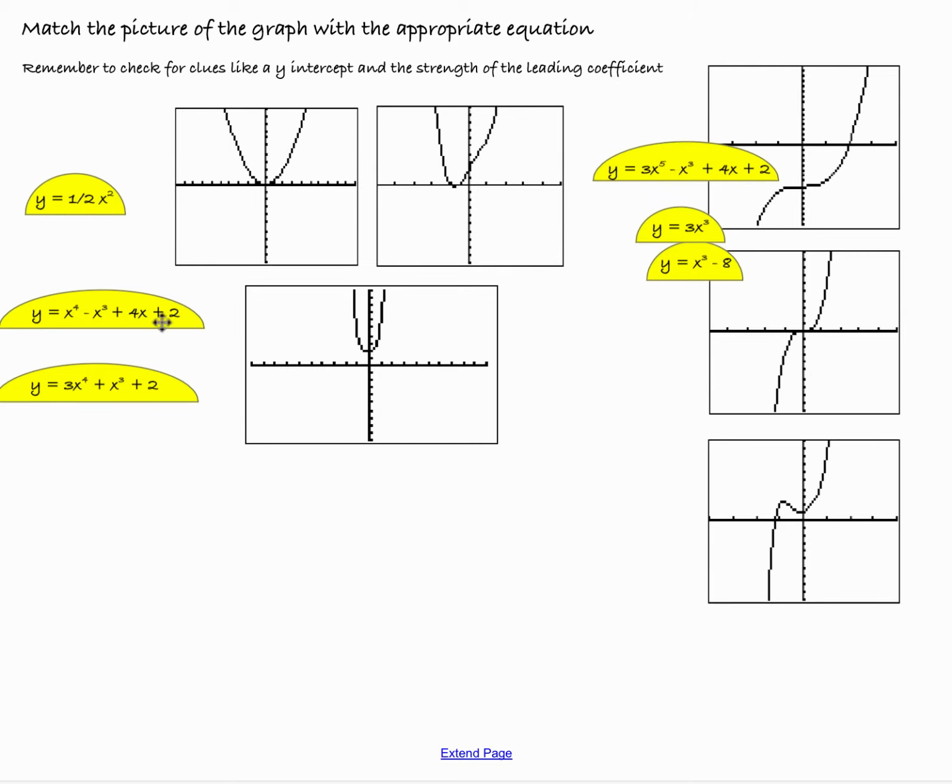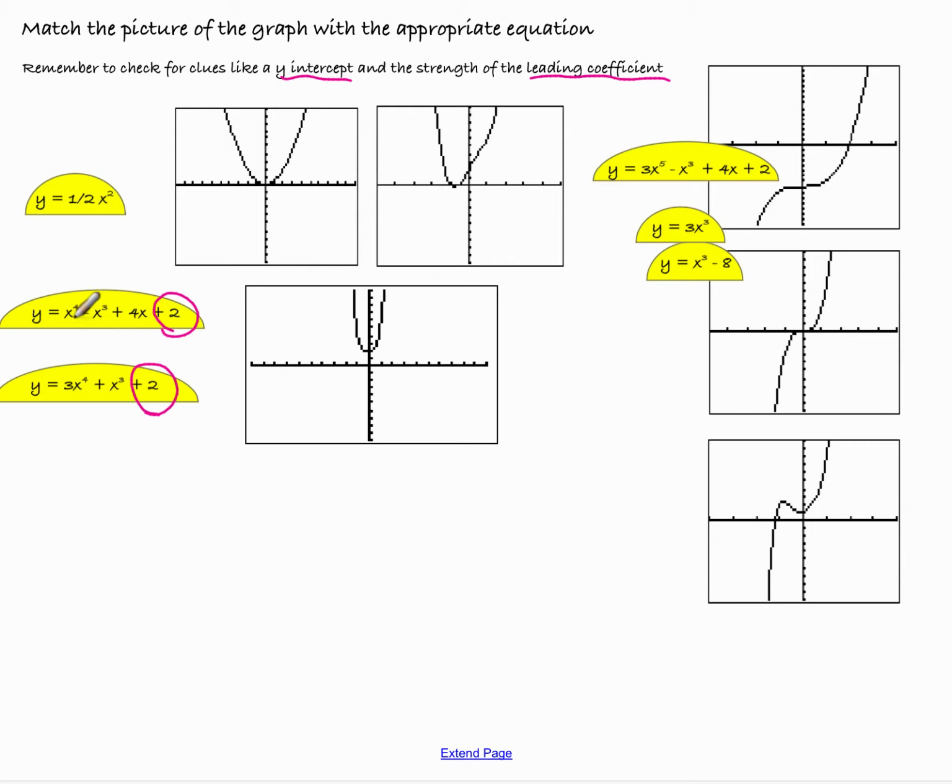Let's get to the even. X squared, x to the fourth, x to the fourth. Well, this says, remember to check for clues like y-intercepts and the strength of the leading coefficient. Well, when I look at these two right here, you should know that the y-intercept is 2.